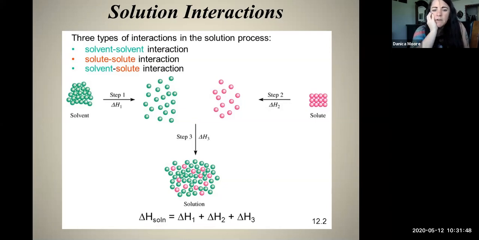So everything that we're talking about now is relative strength, and having it well categorized in your brain, which forces, which interactions are stronger, is really going to help you understand how these interactions are working. That's what I'm trying to get you to think about in these examples. Cool?